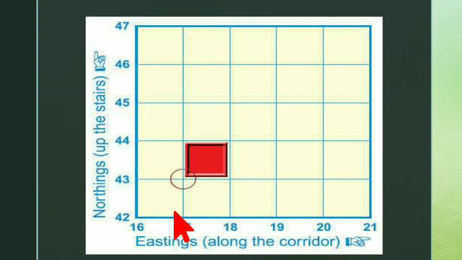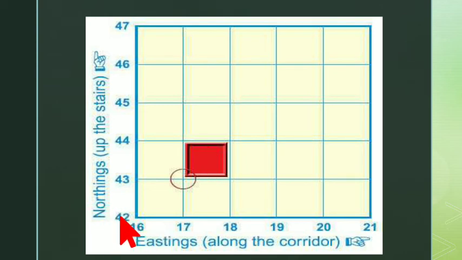So first we take the easting, 17, and write it on paper, because just after the 17 line we have our place, the church that we were looking for.